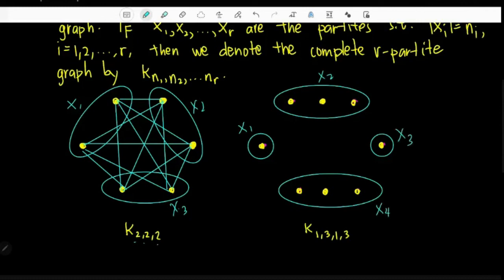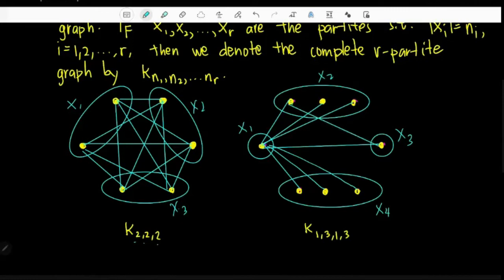We connect the vertex on the first partition to all other vertices. Now X2 is already connected to the vertices of X1. So all we need to do is to connect this to the vertices of X3 and X4.